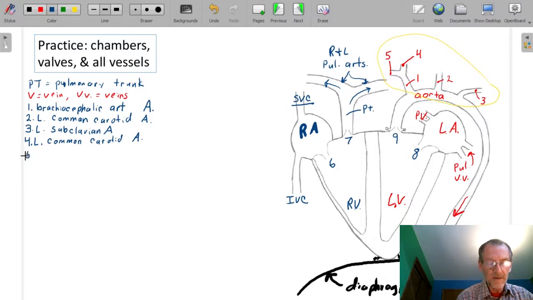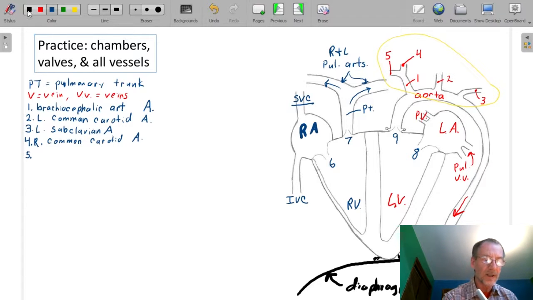And number 5 is the, number 4 is on the right side. I need to back up, find my little tiny eraser, and get rid of the L for number 4. We're on the right side of the head. Should have caught that. This is the right common carotid.